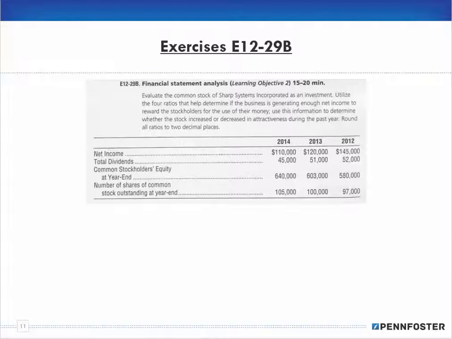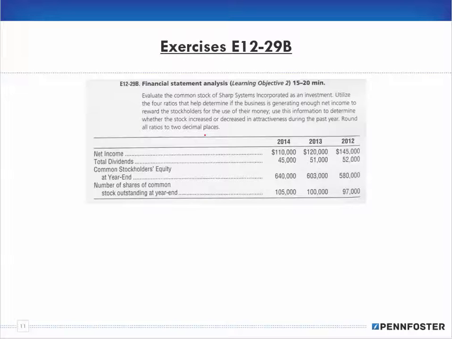So you need to be able to calculate the ratios yourself. If you're given those ratios, you need to be able to understand how they fit together to be able to answer key questions as far as the performance of the company. Right, so with that said, and that's 10 minutes, let's get into this.